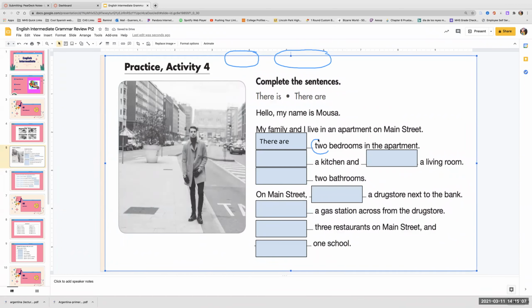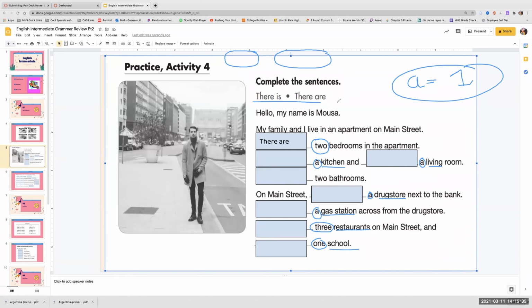We're looking at 2. Let's look at a kitchen, a living room, a drugstore, a gas station, 3 restaurants, and 1 school. One of the things that I want you to remember, when we use the letter A, we're still talking about 1.